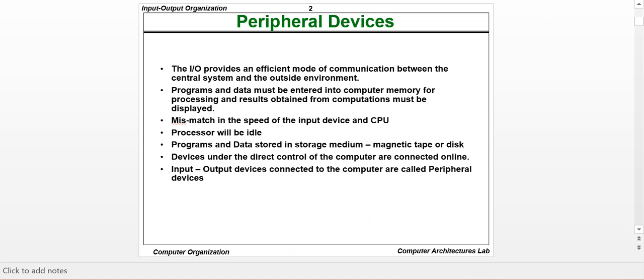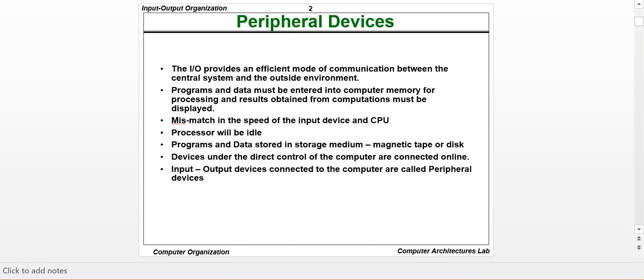So when they are directly connected, and under the direct control of the computer, we call them online. Let's say your printer. Those days we had offline devices also, but nowadays most things are connected online.